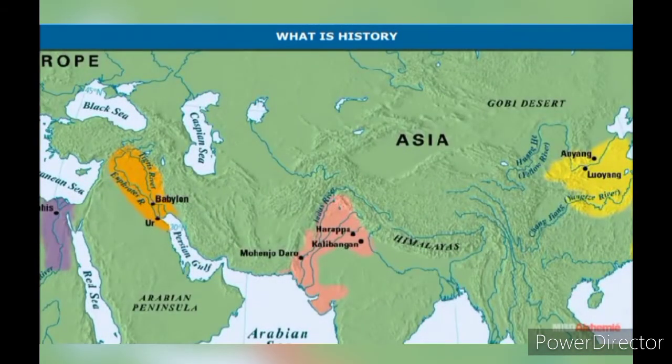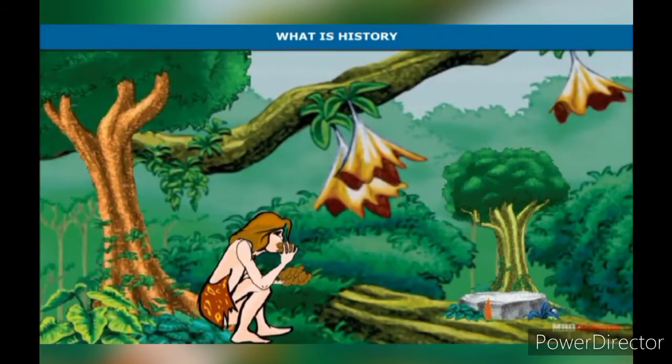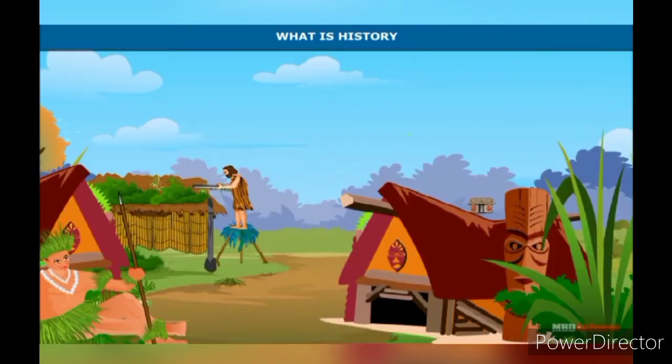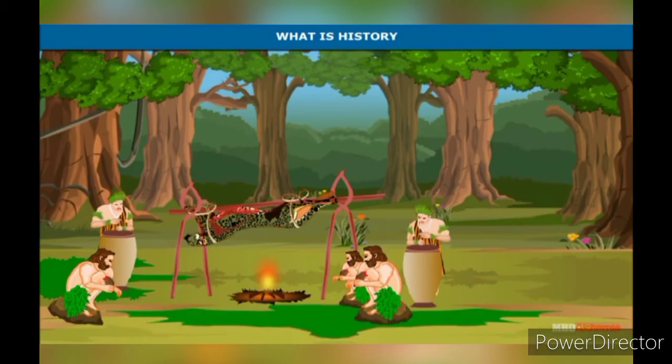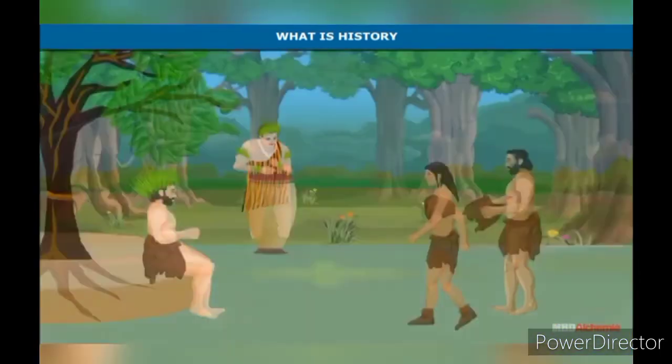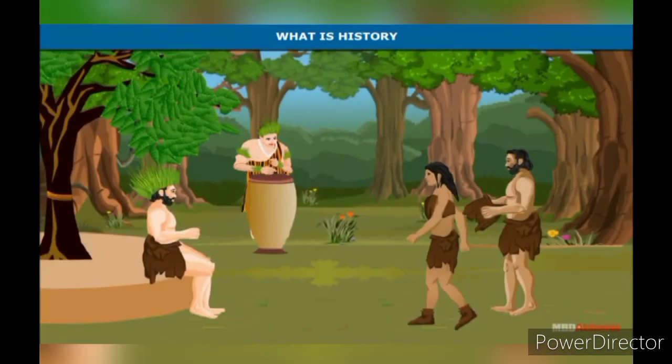What is history? History traces all aspects of the course of human civilization since its earliest times. Over the years, the world has been divided into many countries which differ from each other in the ways in which they live.